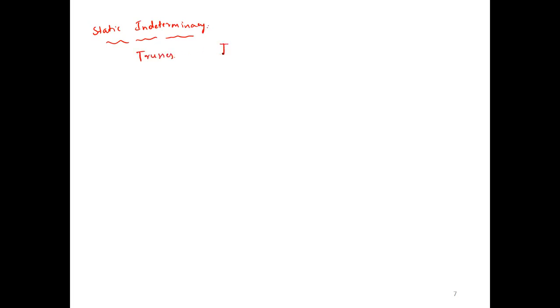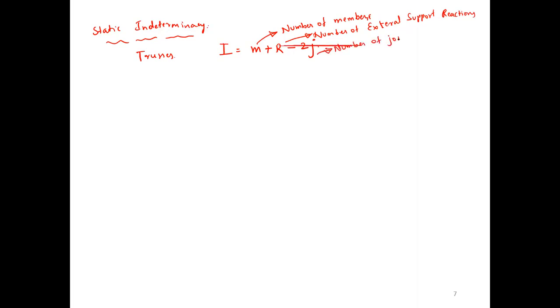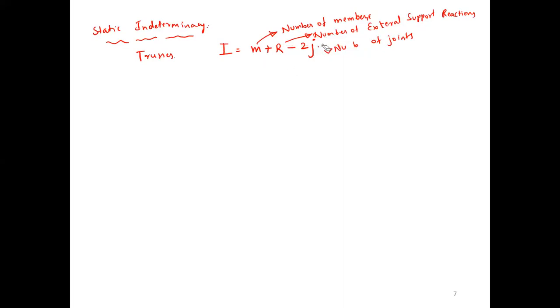For trusses, total indeterminacy is given by m plus r minus 2j, where m is the number of members, r is the number of external support reactions, and j is the number of joints. Okay, you have to remember.